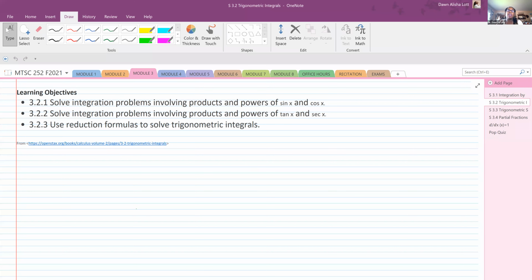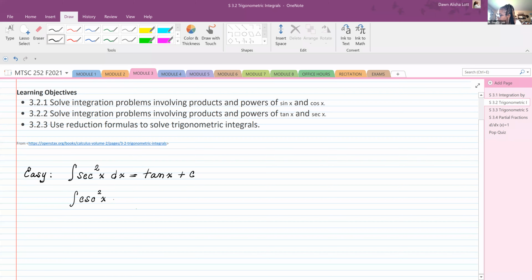So the first thing is, let's do something that we know is easy. The easy thing is the integral of secant squared x. That's easy because that just came from tangent. And the integral of cosecant squared x dx, that's easy.